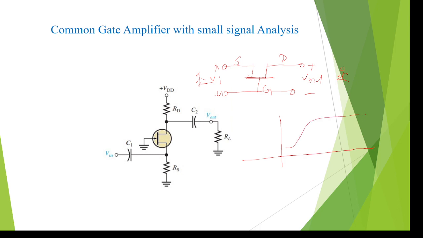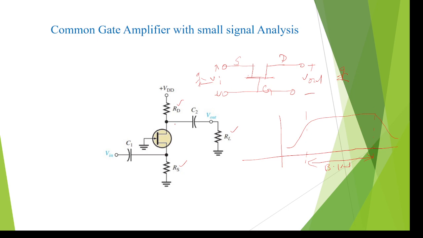At low frequency you may get distortion, and at high frequency you may also get distortion. So every amplifier has a particular frequency range, a bandwidth. With biasing resistors we can set the Q point and get the output without any distortion.